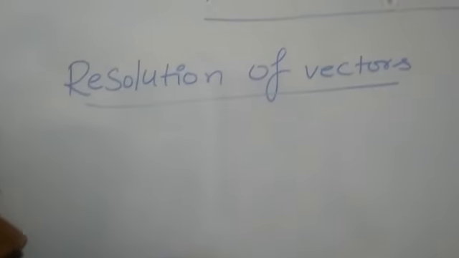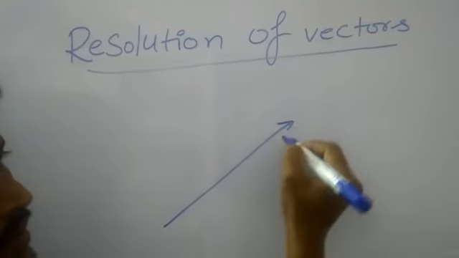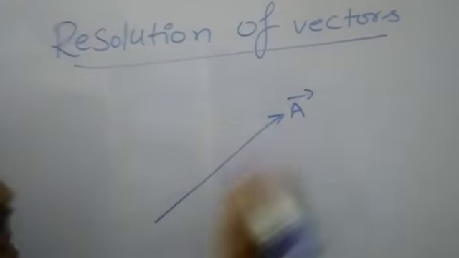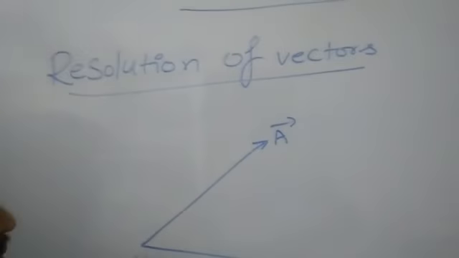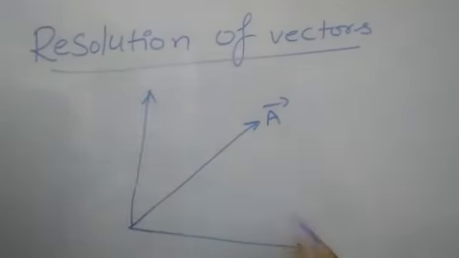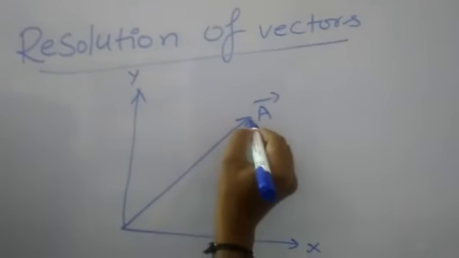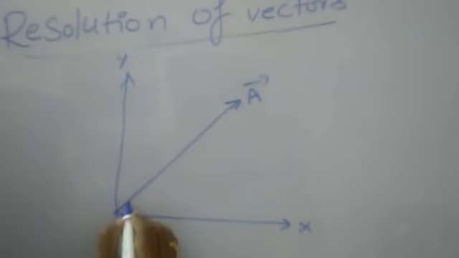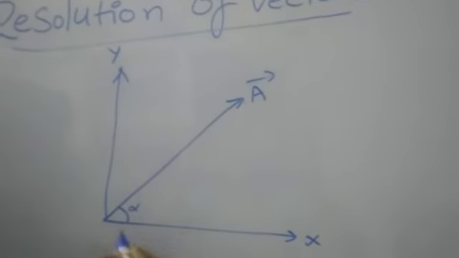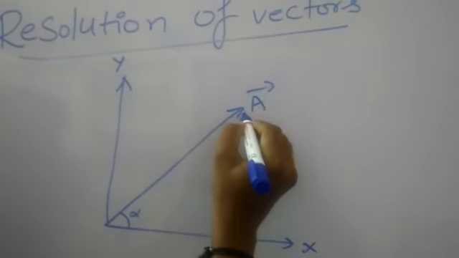Here, for example, we can consider a vector a bar broken up into two components, along x direction and along y direction. The vector makes an angle alpha with the x axis.